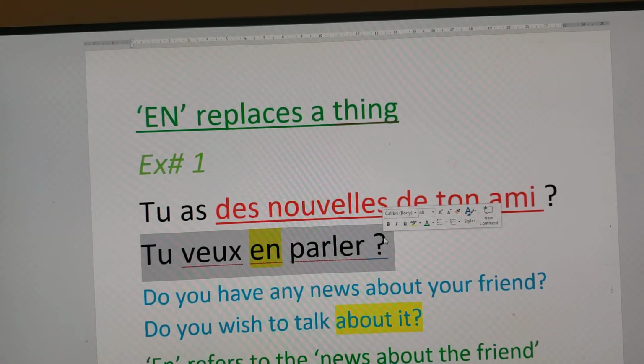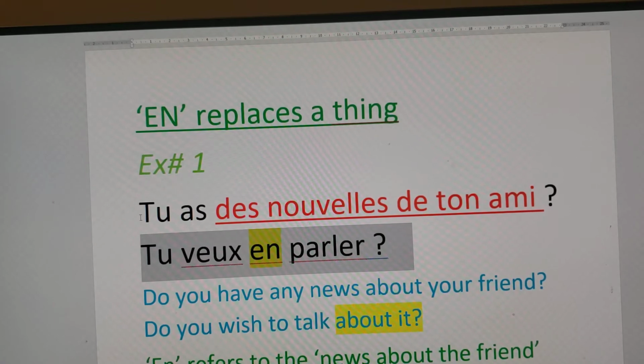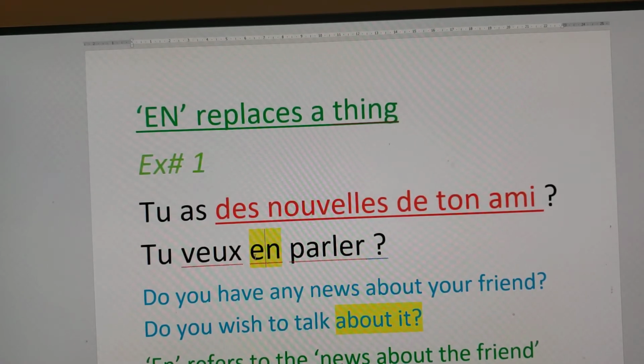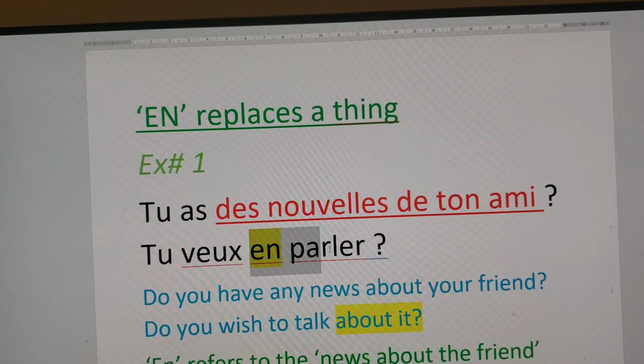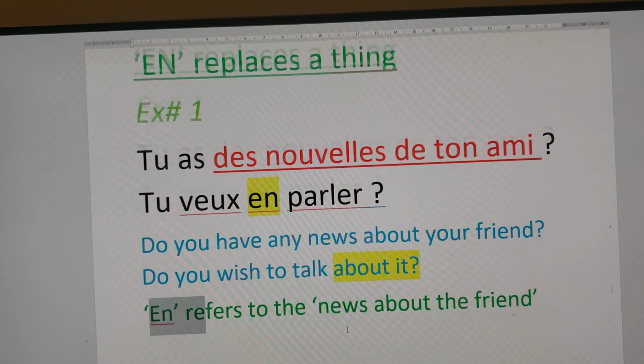You could probably, if your friend understands what you're talking about, but if she doesn't, this sentence would always be preceded by a sentence that talks about the thing that en would ultimately replace, right? So, tu veux en parler means, do you wish to talk about it? All right? So, in this case, en replaces or refers to a thing, right? So, here it refers to the news about the friend.